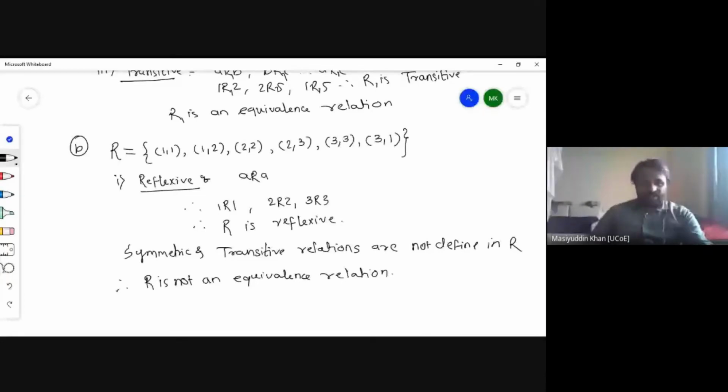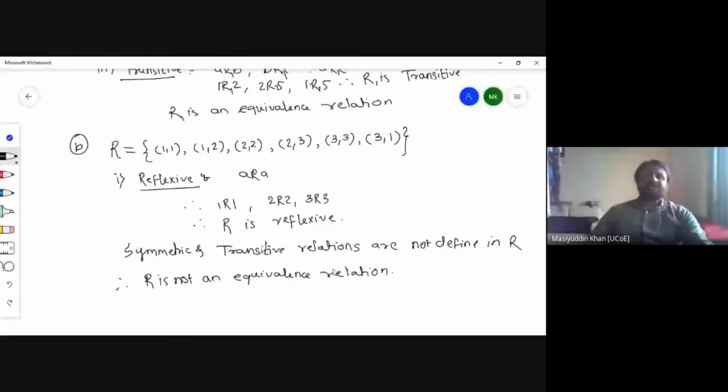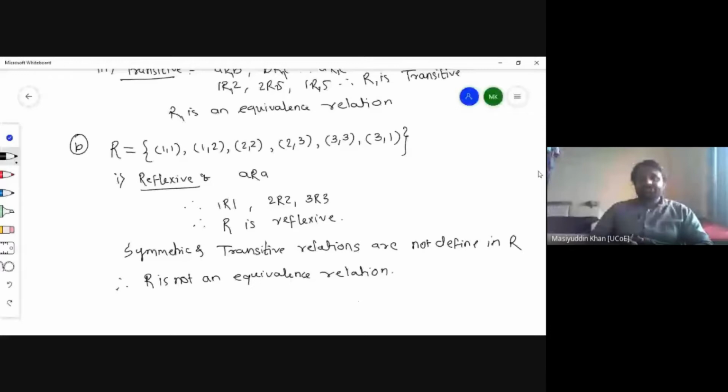So our chapter, relation and digraph, is over. In relation and digraphs, you should start the preparation with the basic definitions of reflexive, symmetric, transitive. It is not important to write the definitions according to the books. You can write by your own understanding, in your own words, but the meaning must be the same.